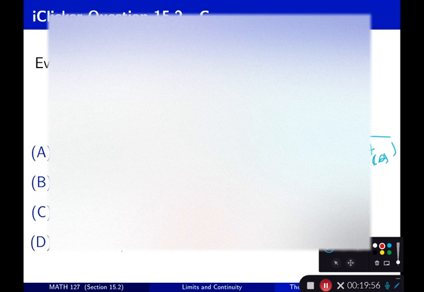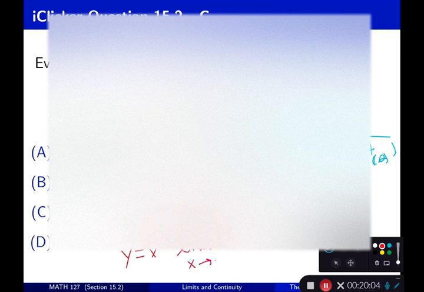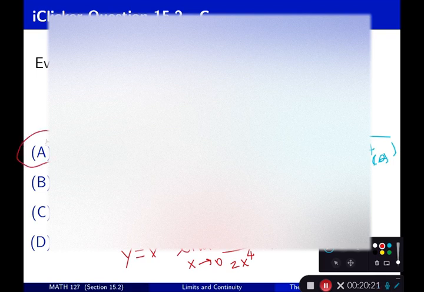And the other way is along the path y equal to x, and this is the limit as x approaches 0 of 6x to the power 4 divided by 2x to the power 4, which is going to be 3. So these two are not equal, so the limit does not exist.